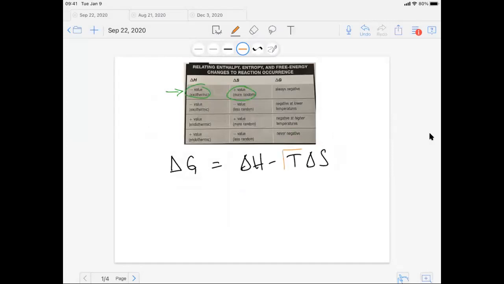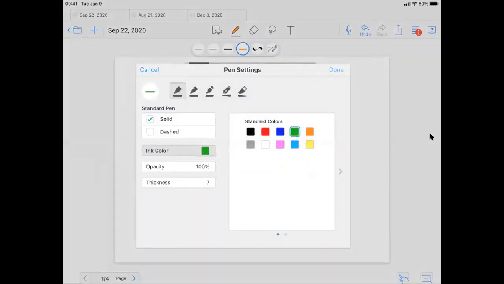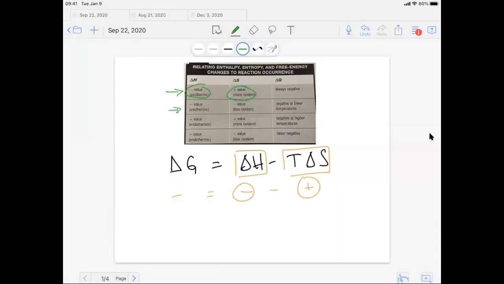You look at T delta S as one half and delta H as another half. So if you have a negative minus a positive, then the result is always negative.